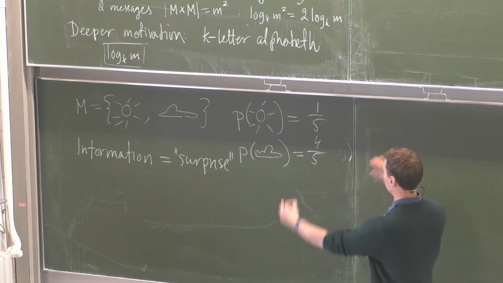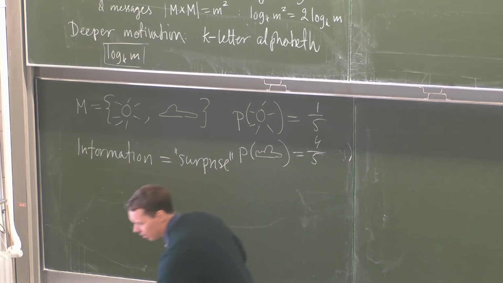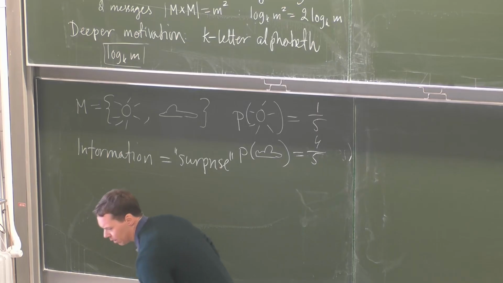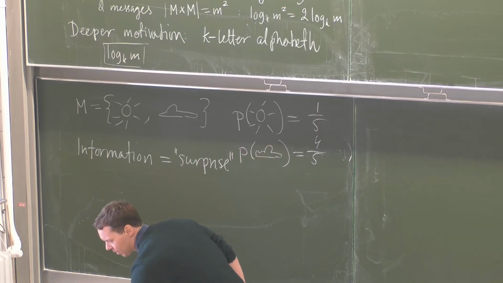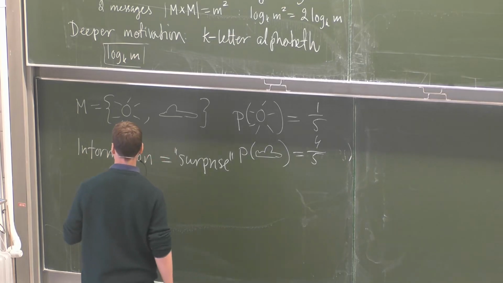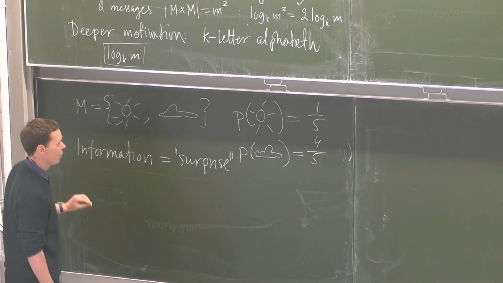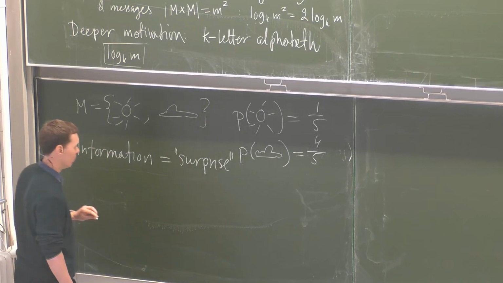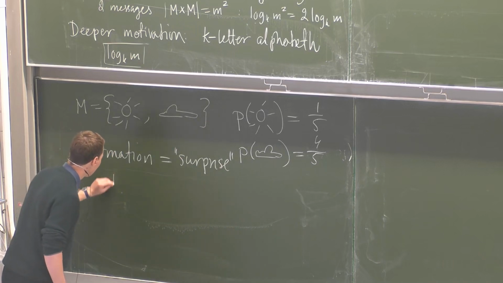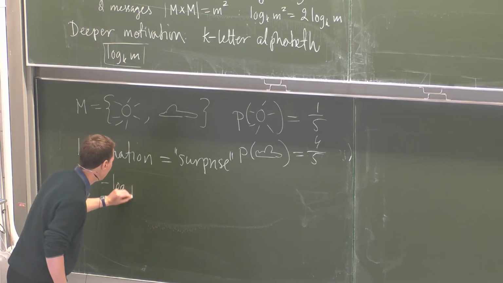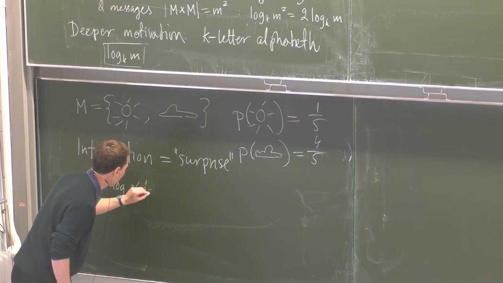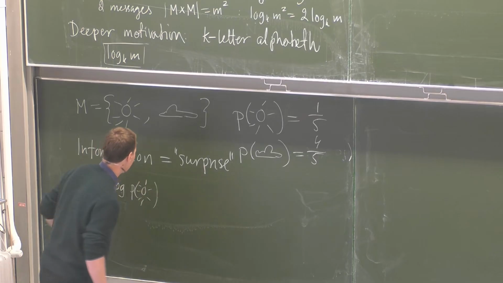And how do you incorporate this? Well, you would then say that the information of being sunny would be minus log of P sunny. That was his definition.